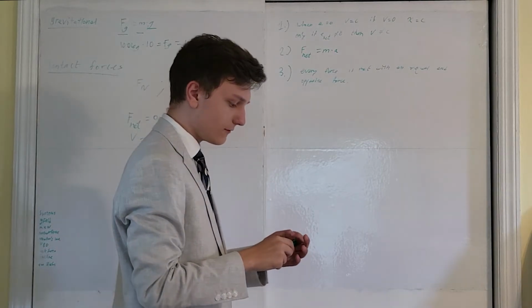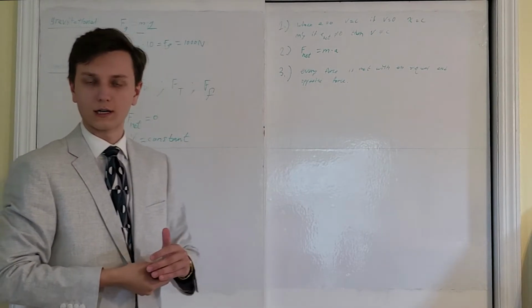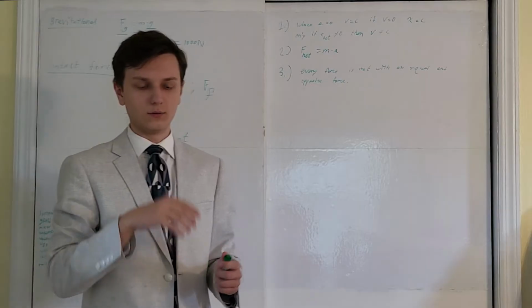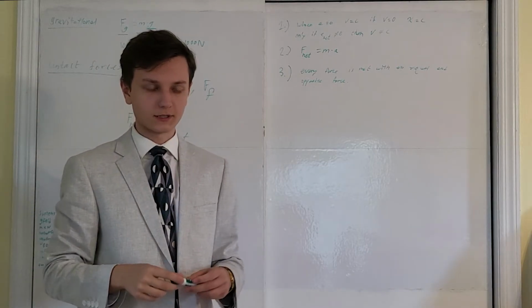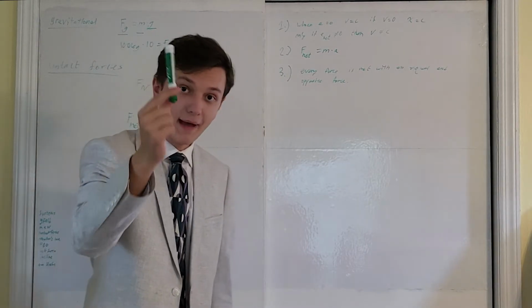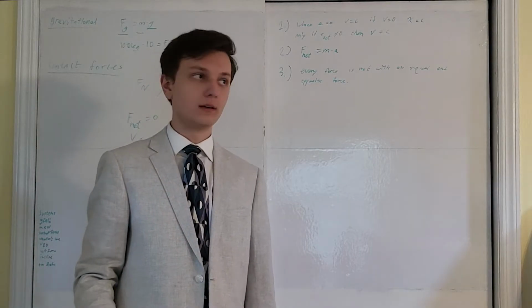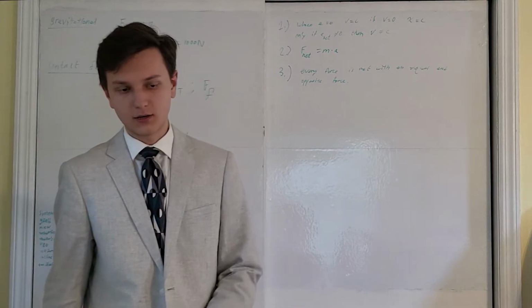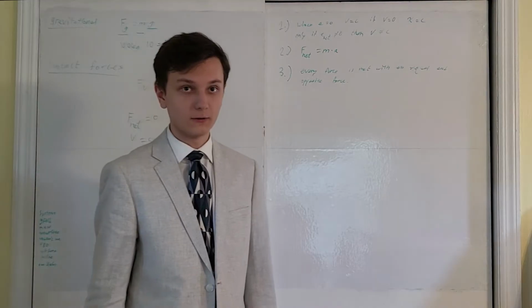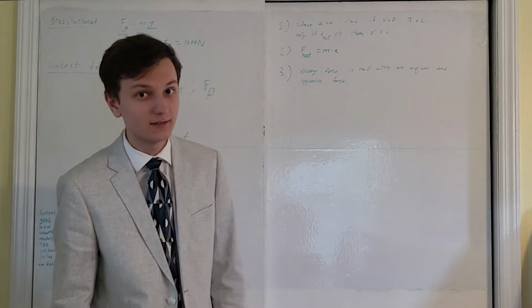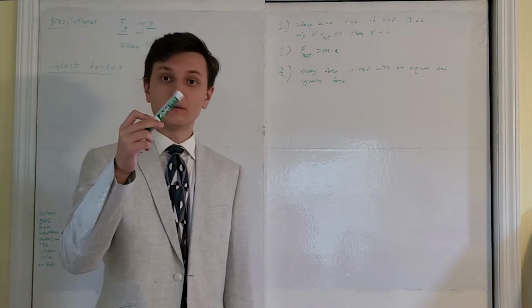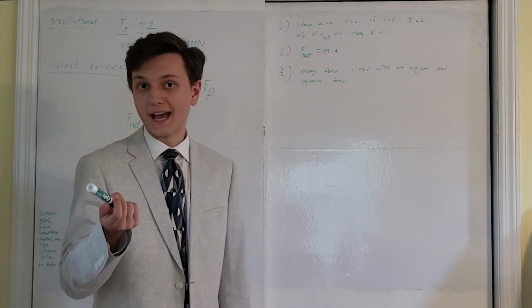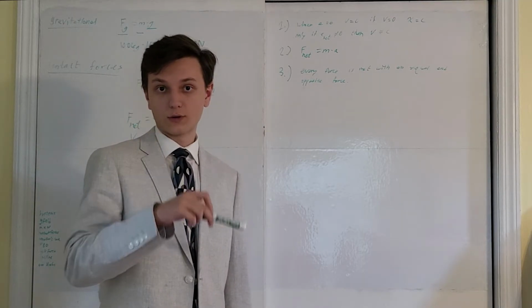The force of gravity is another good example. We're going to cover the force of gravity when we cover orbital dynamics. Everything with a mass exerts gravity. The reason that the Earth's gravity is so powerful is because the Earth is really massive. There's a lot of particles in the Earth. But this marker also has mass, so it will exert gravity.